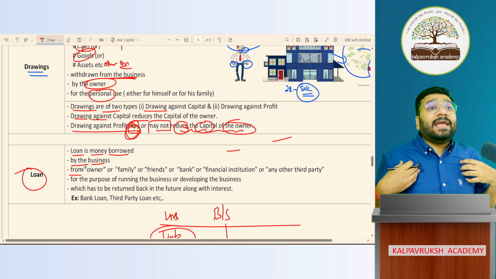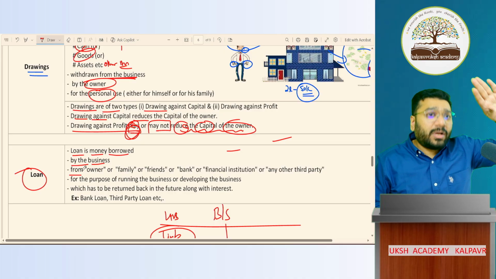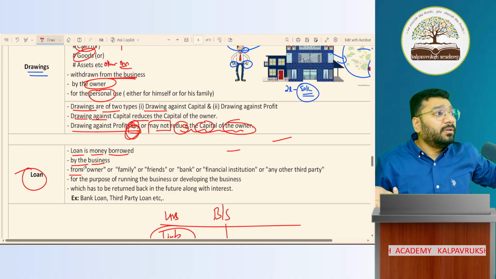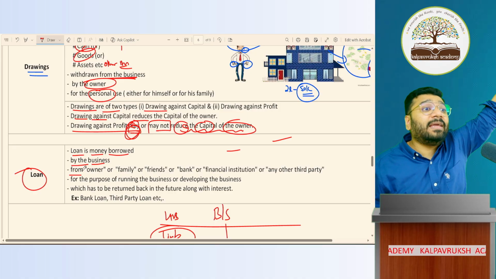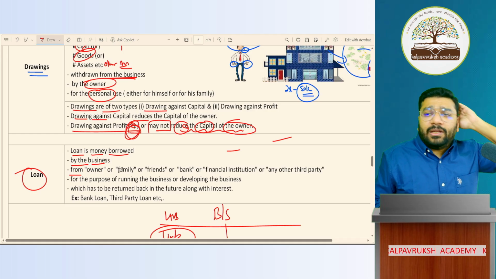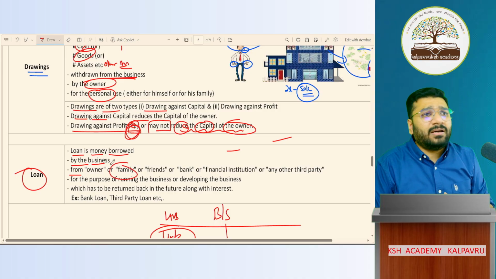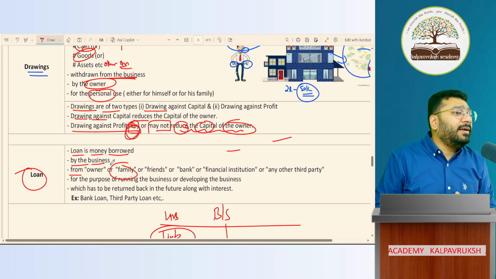So business can take loan from owner. Possible, not possible? It is possible. The logic behind that, when will I give you? 12th standard. If the owner is not giving a loan, next whom can I go and ask? Family, immediate family members: father, mother, brother, sister, uncle, auntie.